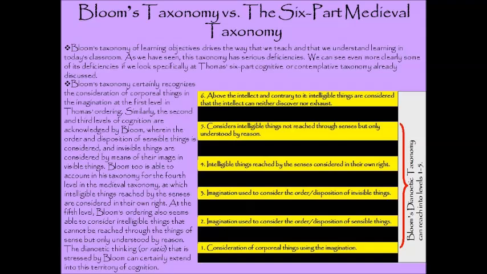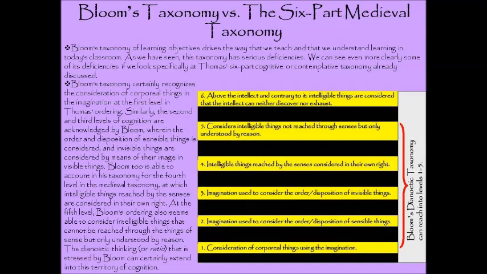Bloom's taxonomy certainly recognizes the consideration of corporeal things in the imagination at the first level in Thomas's ordering, see? Similarly, the second level and third level of cognition are acknowledged by Bloom, wherein the order and disposition of sensible things is considered, and invisible things are considered by means of their image.